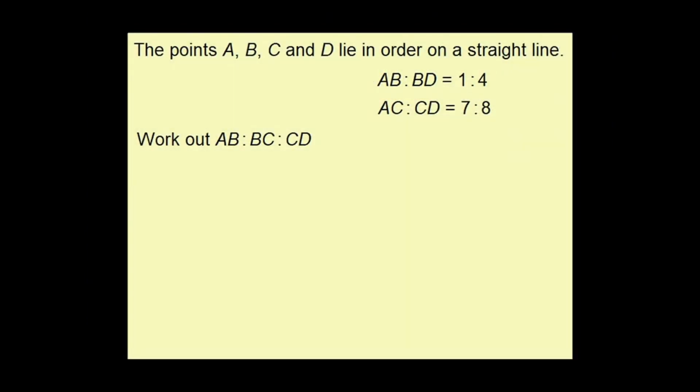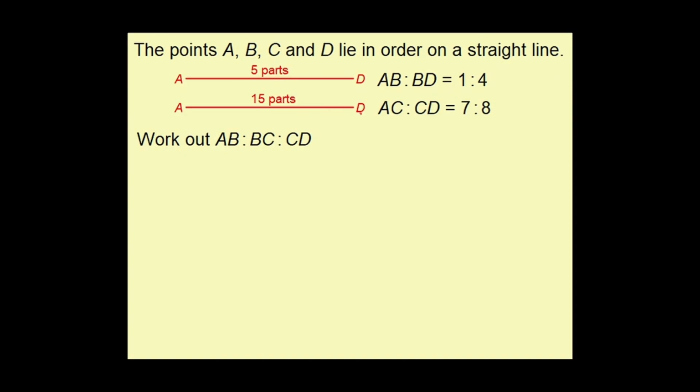In this question, I'm told I've got a straight line with 4 points lying on it in order. To answer this tricky question, I need to notice that the line goes from A to D, and here it's been split into 5 parts in total, 1 plus 4, whilst here it's been split into 15 parts in total, 7 plus 8. So I can show this in a diagram.